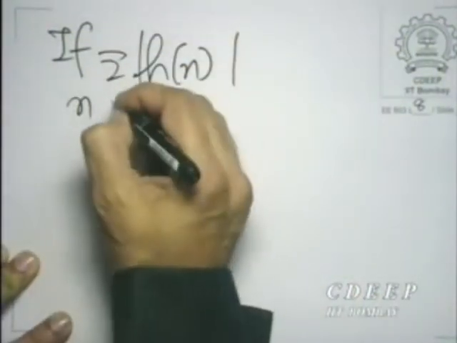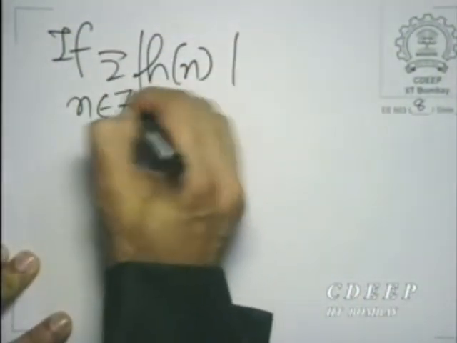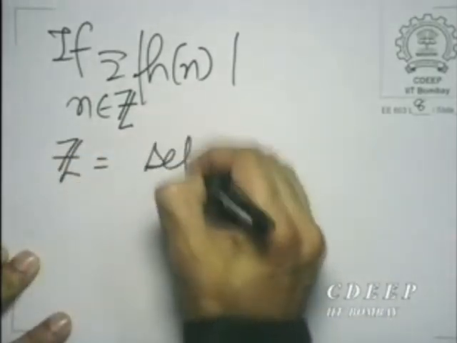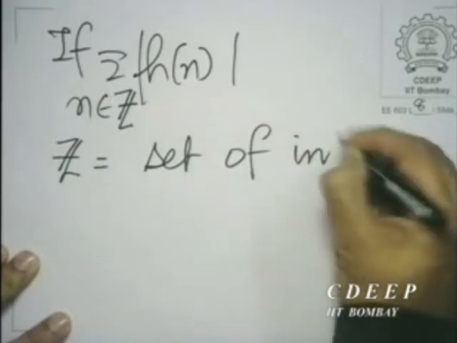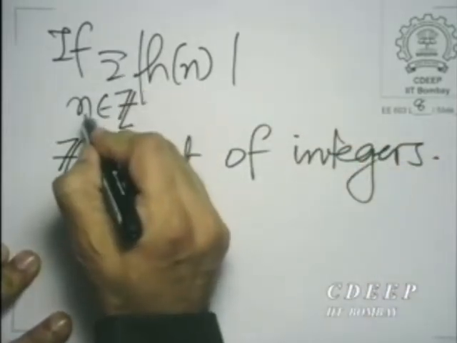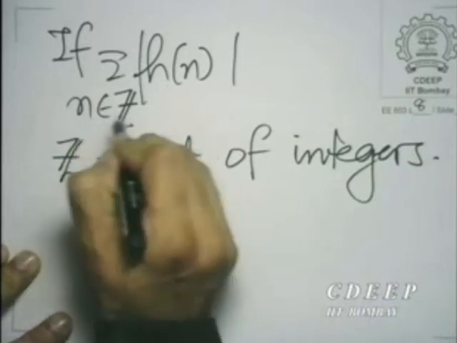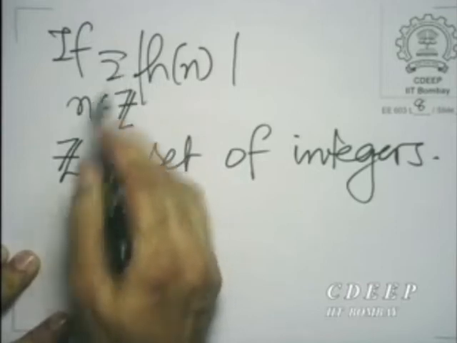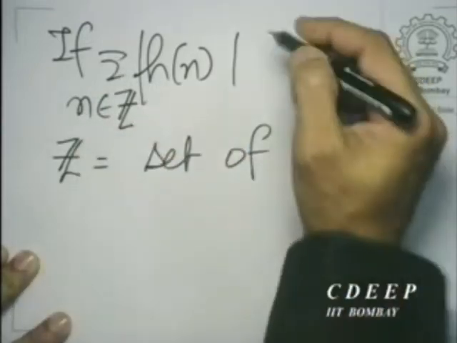If this condition, if mod Hn summed over all integer n, now I am going to introduce a notation. Script z shall henceforth refer to the set of integers. And therefore, when we write summation over all n belonging to z, we mean summation of n going from minus infinity to plus infinity, or summation over all the set of integers mod Hn.